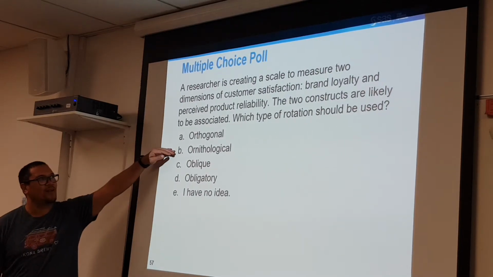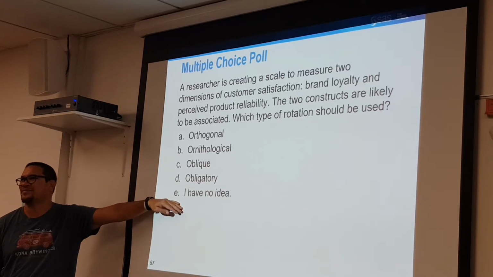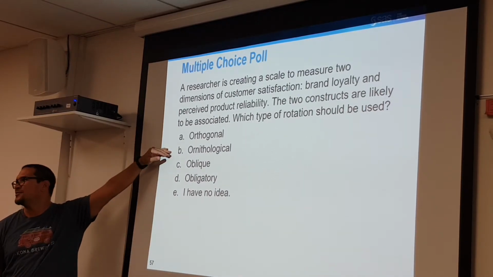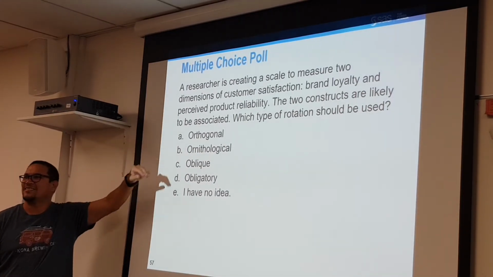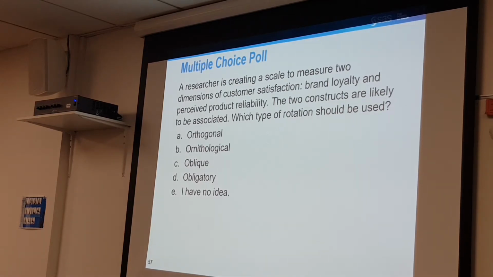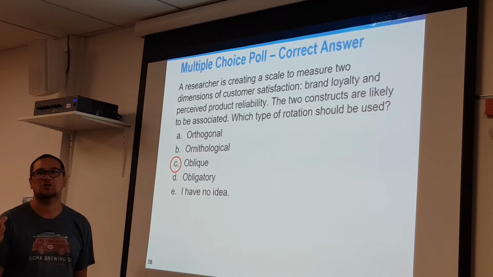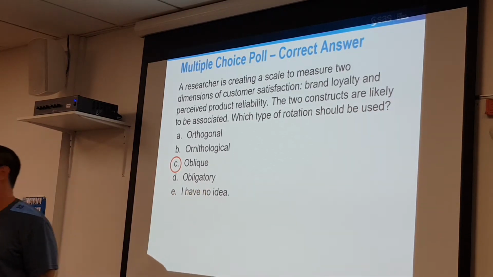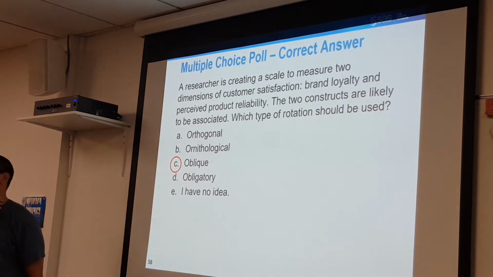An orthogonal or oblique? Clearly oblique, right? I think most of you would probably realize that if your 2 constructs are in fact related to one another, then perhaps we should be using a set of axes that are not completely orthogonal to one another as well.